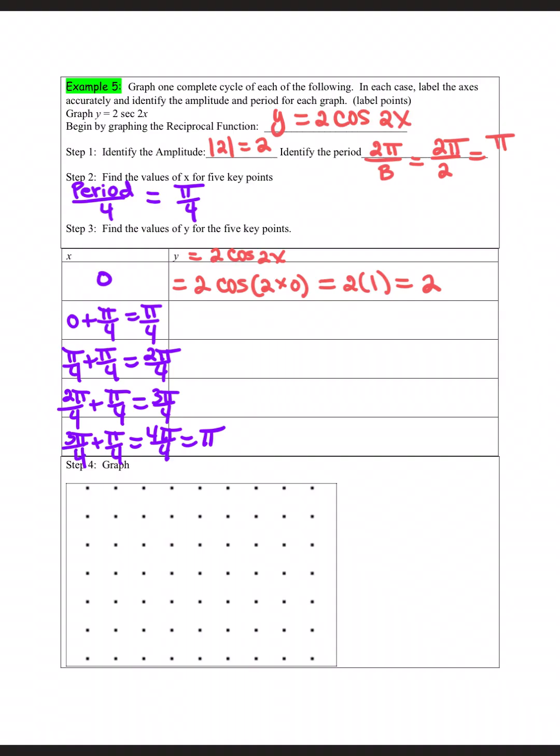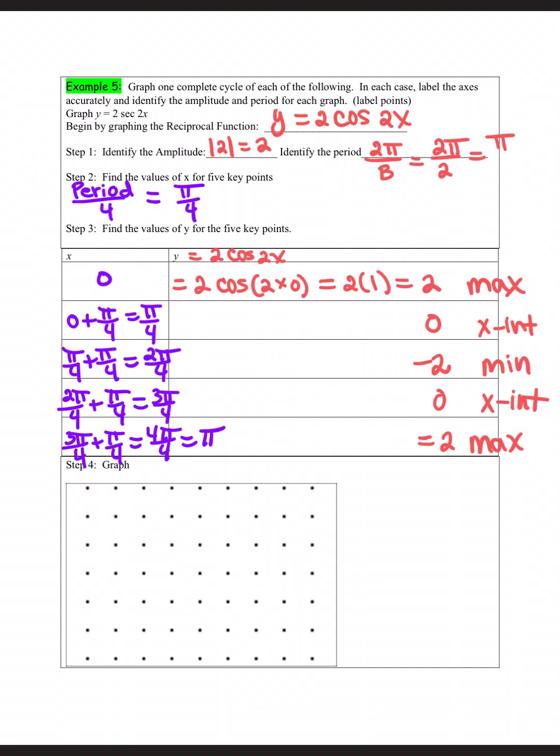Remember, we said that cosine starts at max and ends at max. In this case, it's going to start at 2 and end at 2. So it's going to be max, x-intercept, which is 0. Then min, which is -2. And then back to 0, which is the x-intercept, and then max.